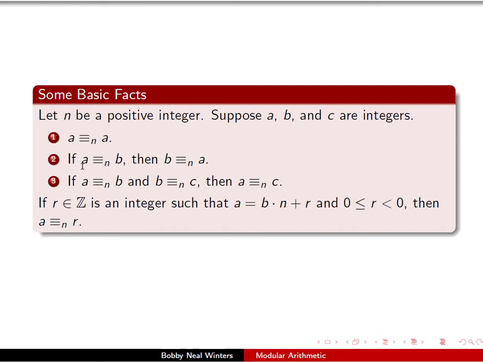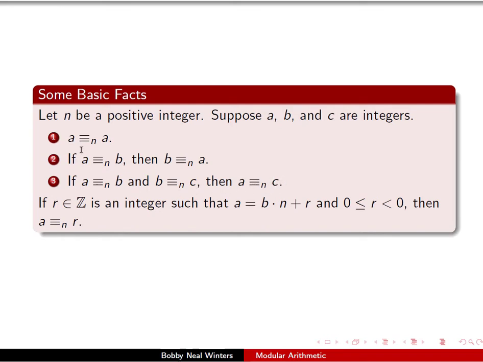Two: if a is equivalent to b mod n, then b is equivalent to a. So it doesn't matter which order you have them around the equal sign. Three: if a is equivalent to b and b is equivalent to c, then a is equivalent to c.